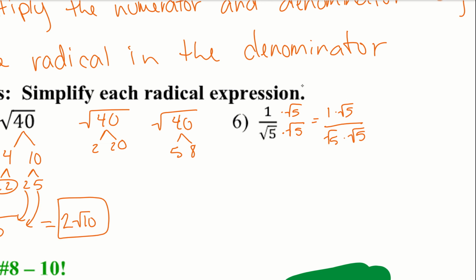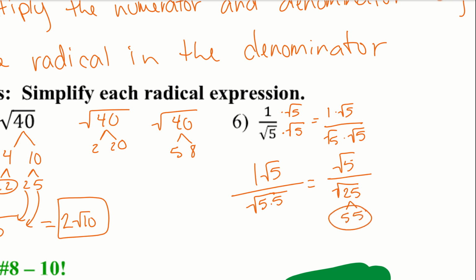So we have root 5 on top; we don't need to write the 1 in front unless you would like to. Then we have the square root of 5 times 5. So it's the square root of 5 all over the square root of 25. The square root of 25, we just take out, since we have a pair of 5s in there. So I now have the square root of 5 all over 5.